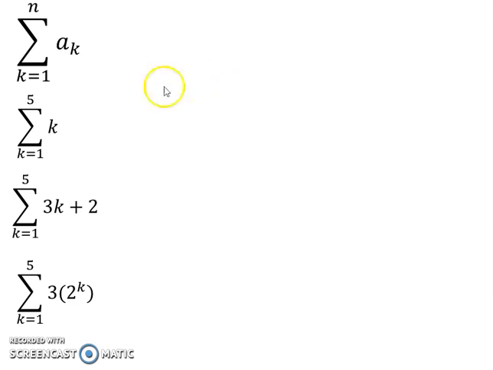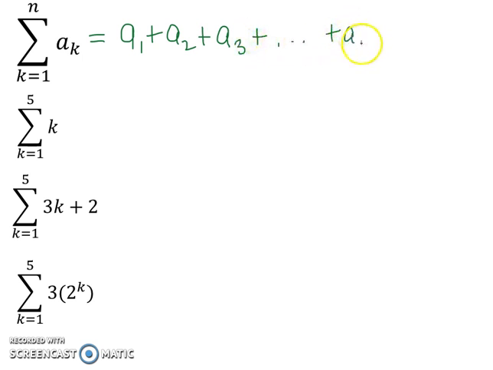So like I said, this notation just means a sub 1 plus a sub 2 plus a sub 3 all the way up to a sub n. So for this first example, k equals 1 up to 5. So I replace the k by 1. And then I say, okay, summation means I'm going to add.